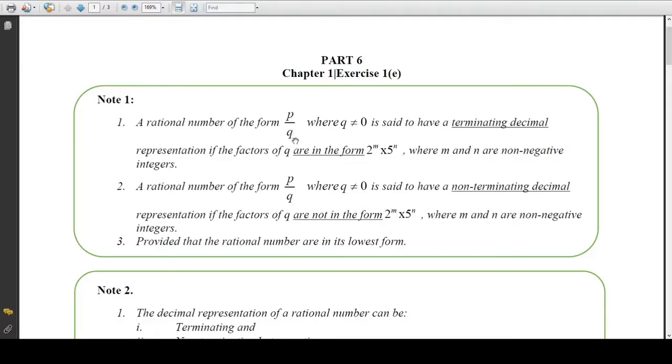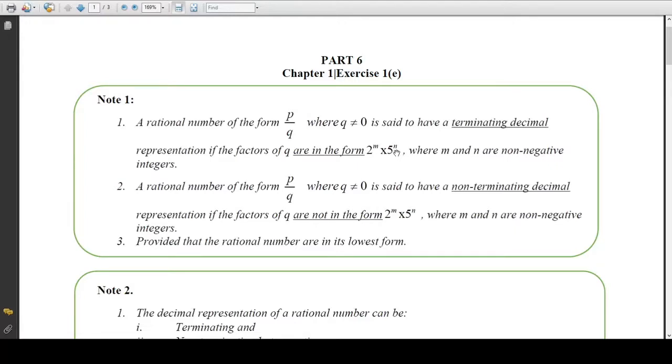If you find that the factors of q are in the form 2^m multiply 5^n, then the given rational number is said to have a terminating decimal.